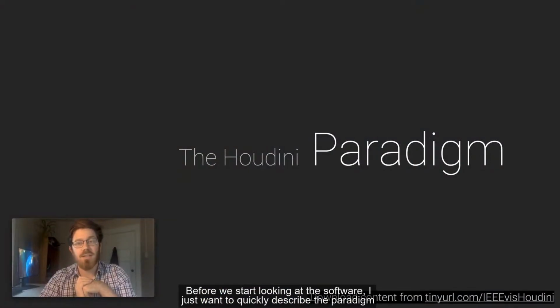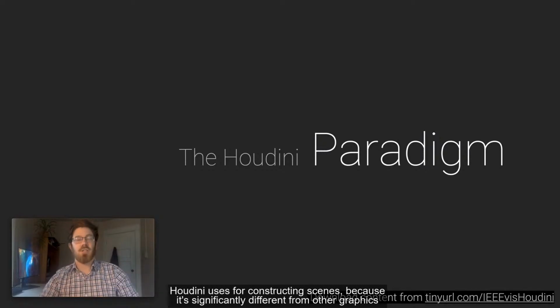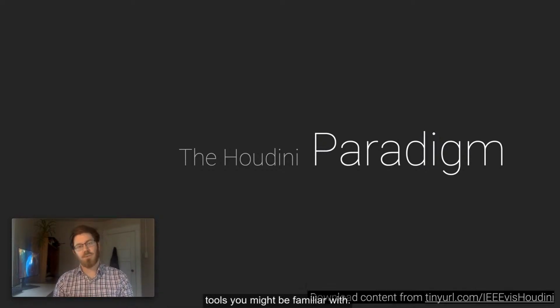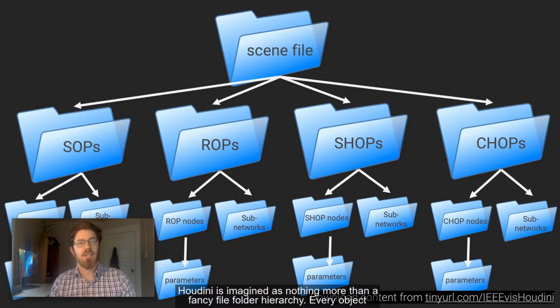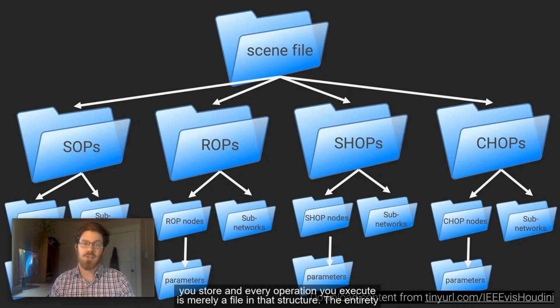Before we start looking at the software, I just want to quickly describe the paradigm Houdini uses for constructing scenes because it's significantly different from other graphics tools you might be familiar with. So Houdini is imagined as nothing more than a fancy file folder hierarchy. Every object you store and every operation you execute is merely a file in that structure.